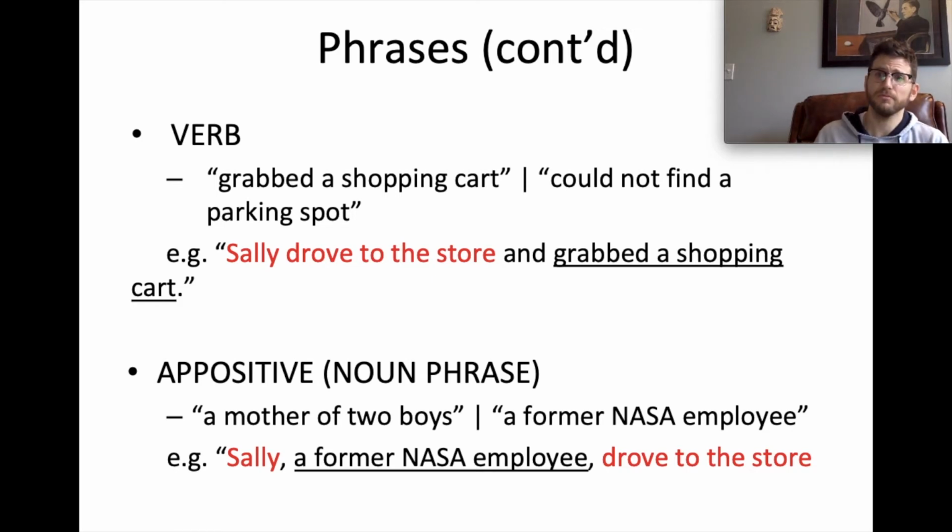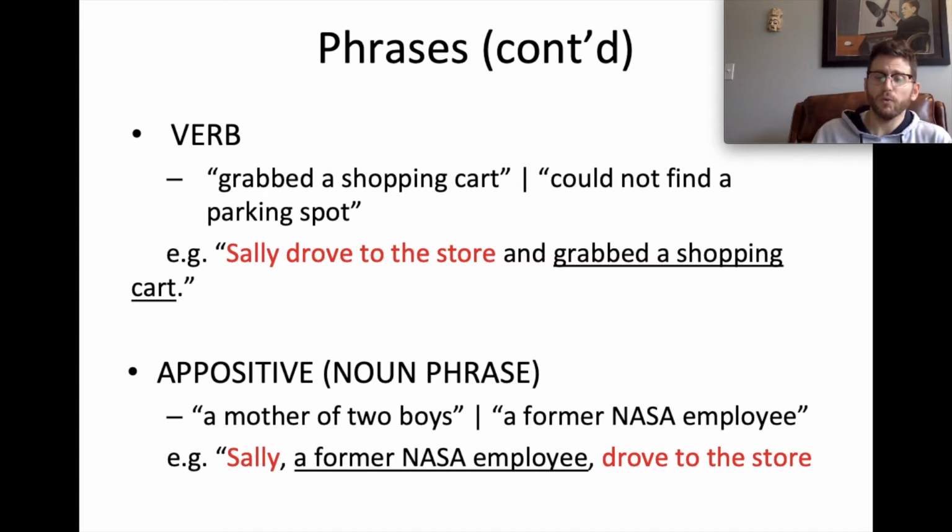Still just a simple sentence, even though I have that additional information about Sally. It's noun information. It's really telling me information about the subject, but technically it's what's called a noun phrase because it has a noun in it. It doesn't have an adjective in it. It's noun information, but it's information about our subject.